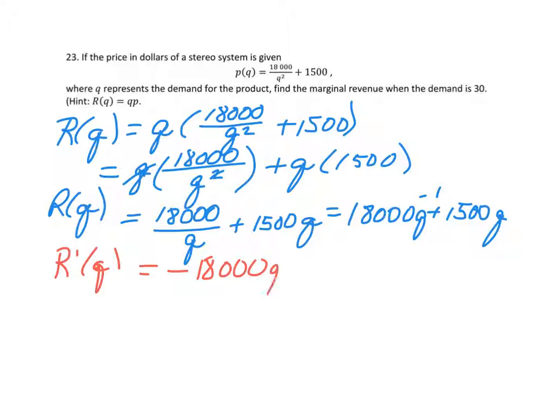And then that's Q to the negative 1 minus 1 makes that Q to the negative 2 plus 1,500 Q. And you can change that to a rational expression for the first term if you want, but you'll get the same numerical answer regardless. So that could also be written as negative 18,000 over Q squared plus 1,500 Q.